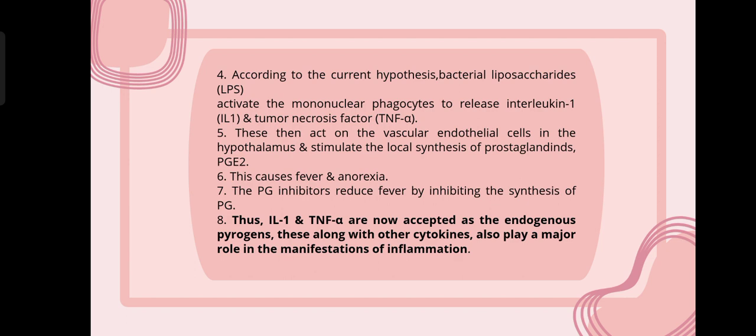So these two factors, interleukin 1 and tumor necrosis factor alpha, will reach the endothelial cells present in the hypothalamus, and will stimulate the local synthesis of prostaglandin, more specifically PGE2 prostaglandins, and this prostaglandin will cause fever. Okay, it will cause fever and anorexia.